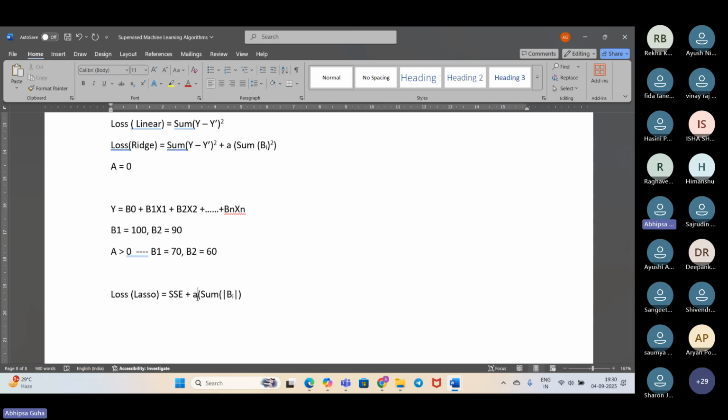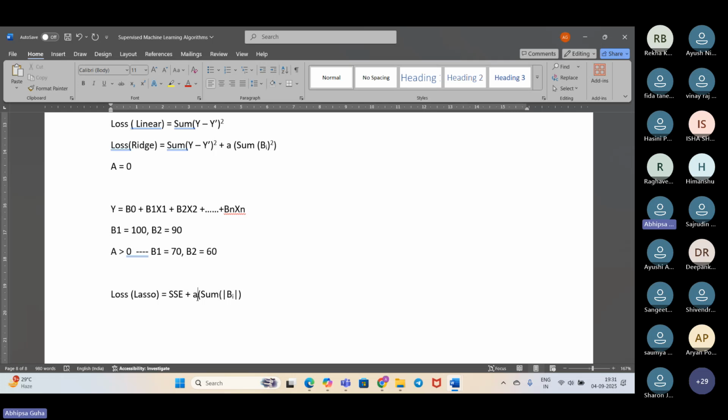So what is the use of lasso regression? It reduces overfitting just like ridge regression. Along with that, it can select important features automatically, that is, it can do feature selection.